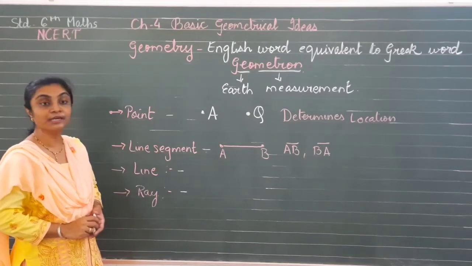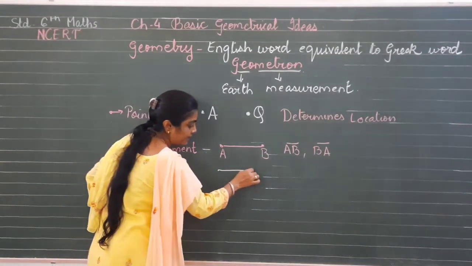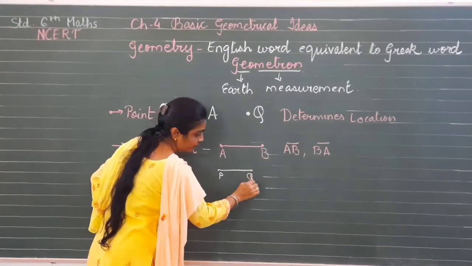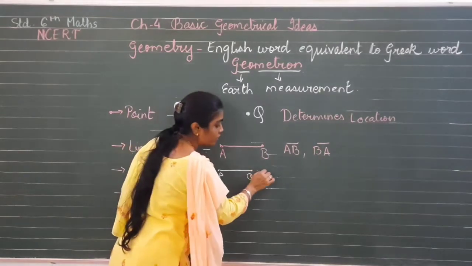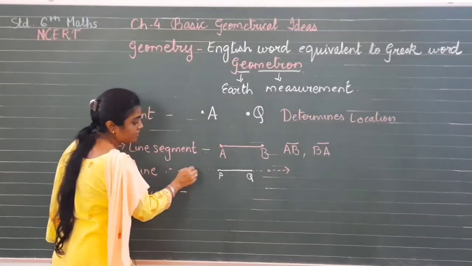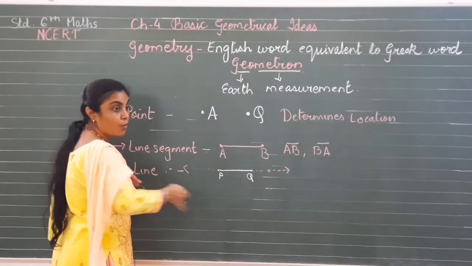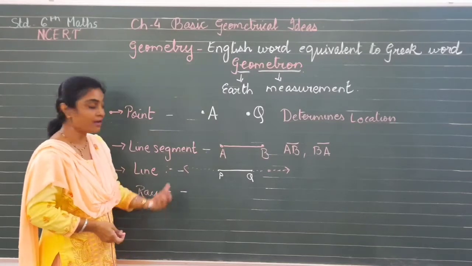Now, let us move to the line. Suppose this is your line segment PQ. Now, if I extend this line in both directions, and it goes on continuously or infinitely, this will become your line.